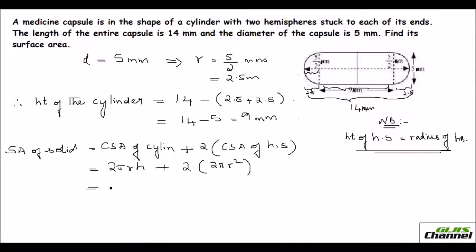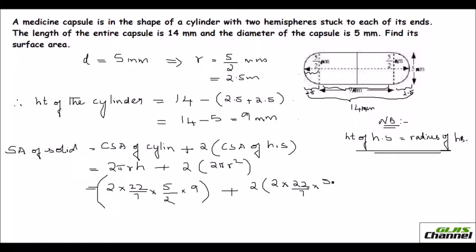So I would just expand and write this is 22/7 for pi, and my r is 5/2, and my h is the cylinder's height, that is 9. This I have to do separately. This is for CSA of cylinder, and here it is twice the CSA of hemisphere. CSA of hemisphere is 2 times the pi value 22/7 times r squared.